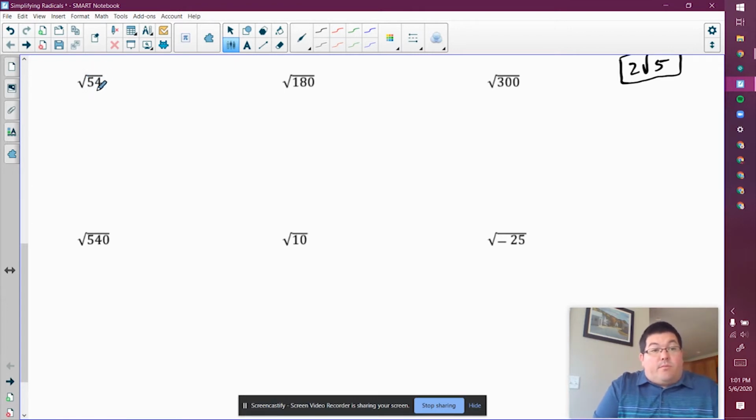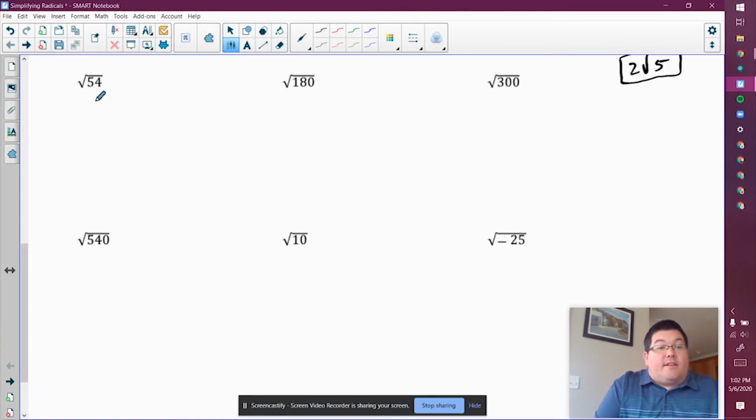The next smallest perfect square from 54 would be 49, right? Well, 49 is not a factor here. The next would be 36. Is 36 a factor? No. What about 25? That doesn't seem to work either. 16? No, 16 doesn't seem to fit.